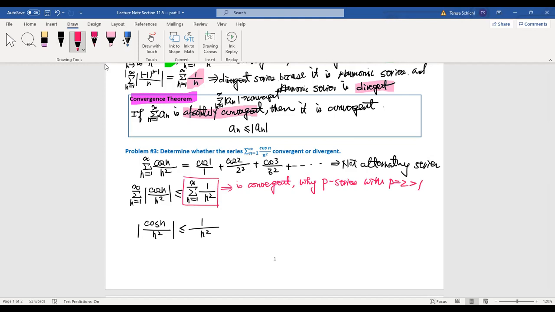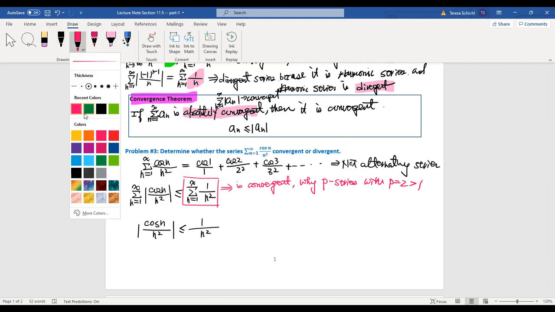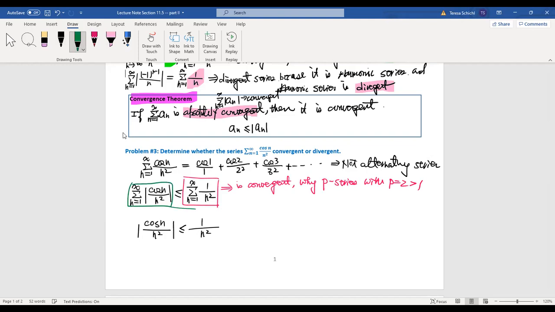Because this series converges, the absolute value of my original series converges. So the sum from n=1 to infinity of cosine n over n squared is absolutely convergent.